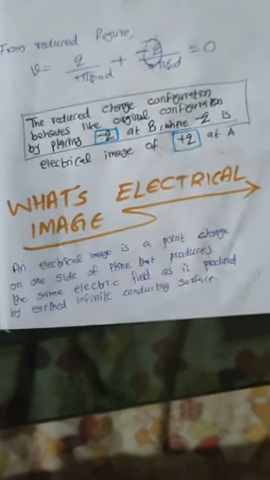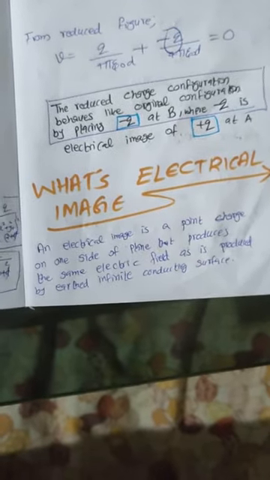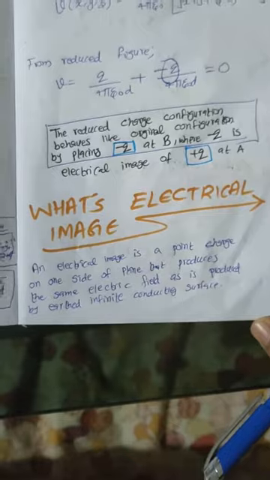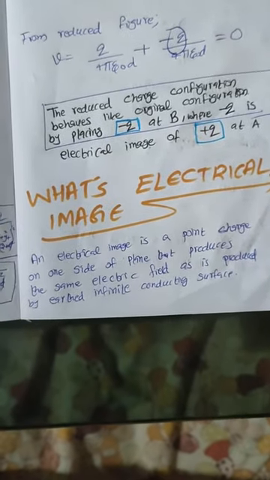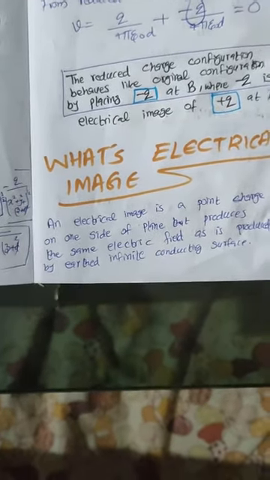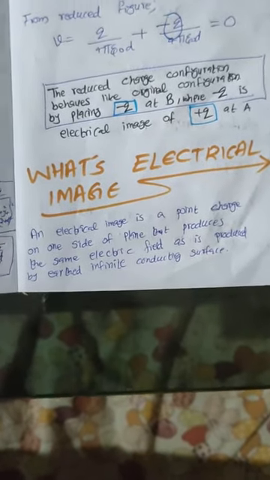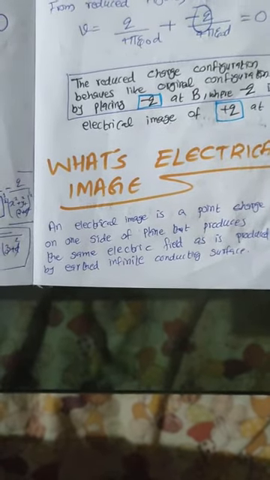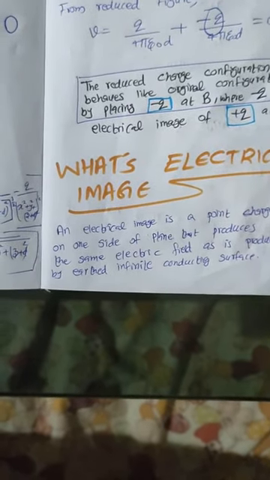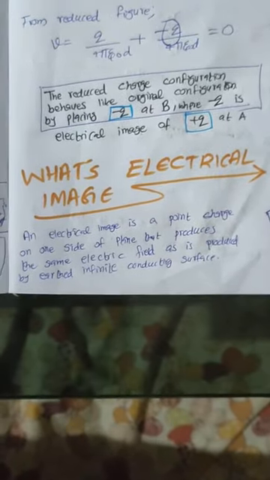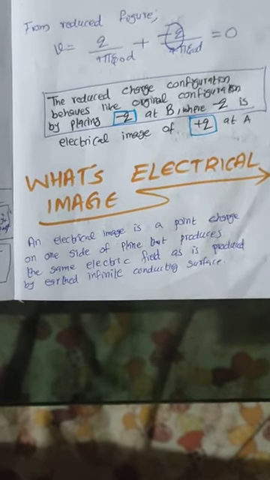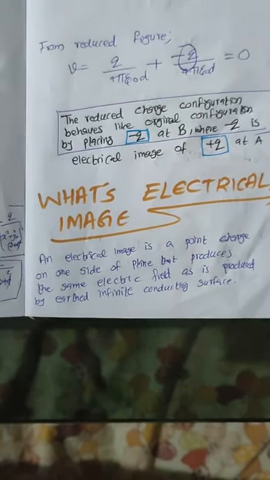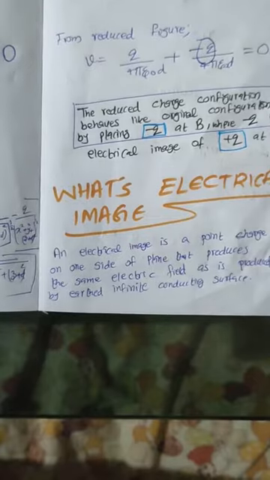So the question arises, what is an electrical image? An electrical image is a point charge on one side of a plane. So this is a plane that we consider here, and it's a point charge which occupies one side of this plane, and this point charge creates the same electrical field as that produced by this plane sheet.